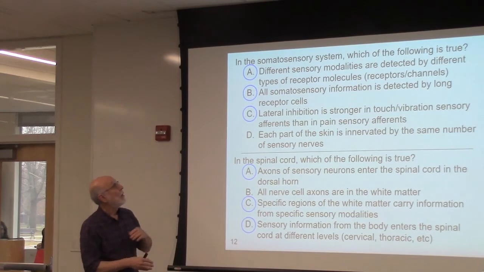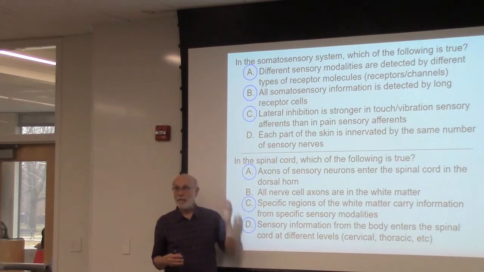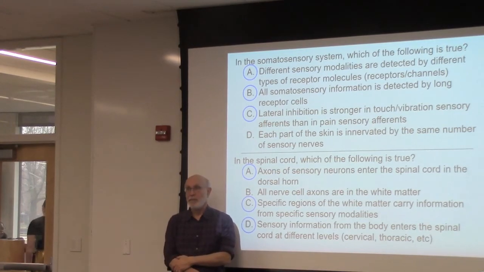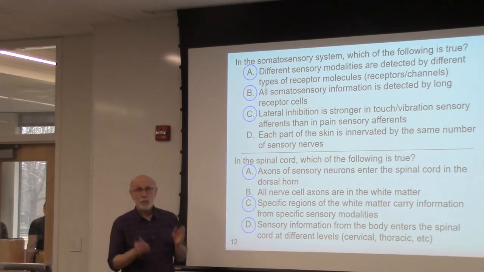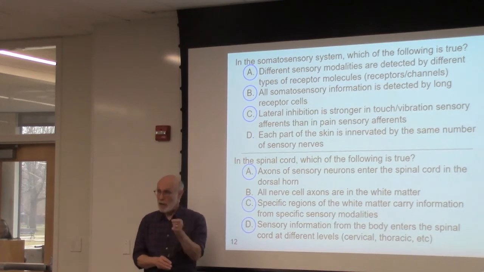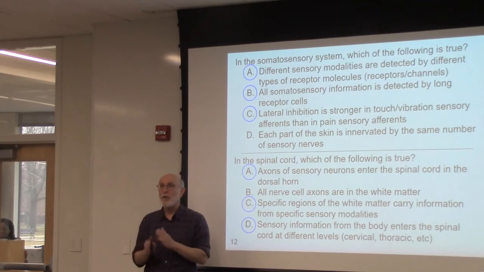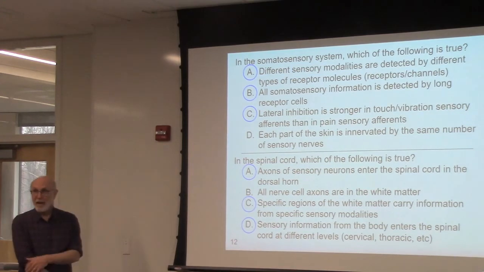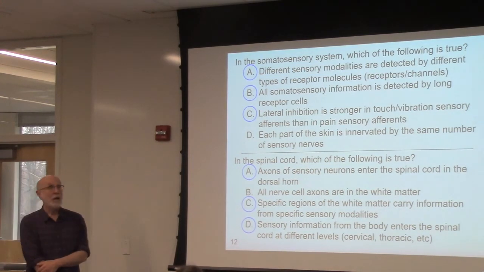And so larger receptive fields means less lateral inhibition for pain. So I'm flipping it. Smaller receptive fields for touch and pressure mean that there are more neurons innervating it and they have sharper receptive fields, so there's better lateral inhibition. Did that help? Other questions?